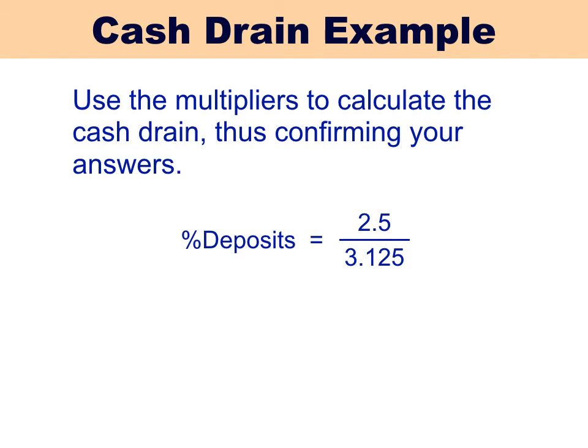So, deposits divided by money supply is going to give me my percent of the money that is in deposits. And it tells me that it's 80%. And if that is the amount of money that is in deposits, then the percent that is in cash must be 20%. So I have shown that my values for the multipliers must be right.